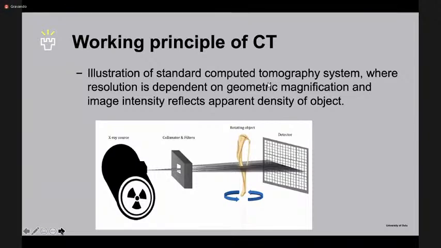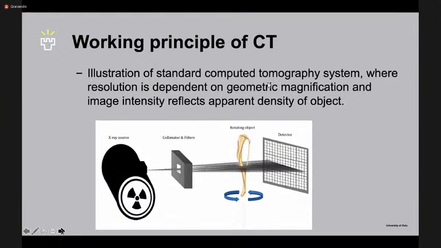So in all the computed tomography devices, you have, of course, the X-ray source, and these are greatly dependent on the type of scanner that you have. The spot size varies, which is related to the resolution that you can achieve with the system, and also the energy range. And typically with textiles, you prefer sticking to the medium energy ranges. But you can also see here that the X-rays are ejected from the source in this kind of a cone.